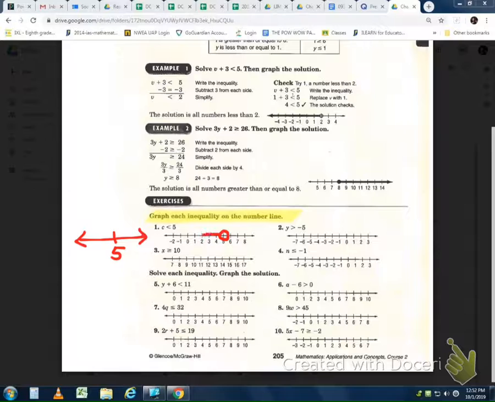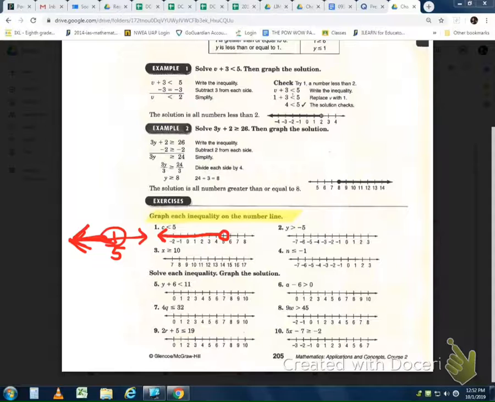So you would fill in this line, and then you have to also shade in the arrow. C less than 5 is an open circle on 5, shaded to the left. So you guys would do the same thing on your paper. Put C less than 5. You'll just do an open circle and then make this darker, and you include the arrow.